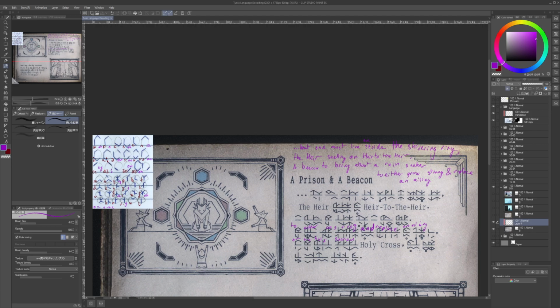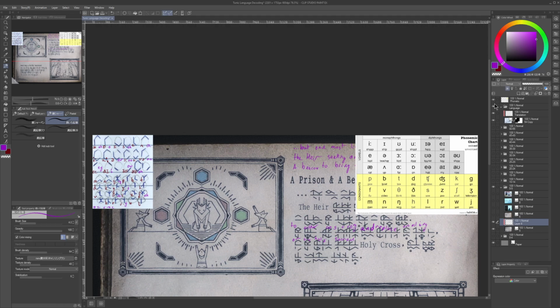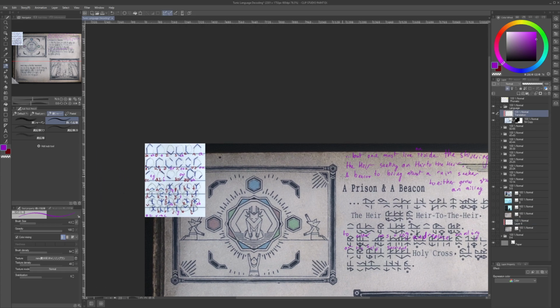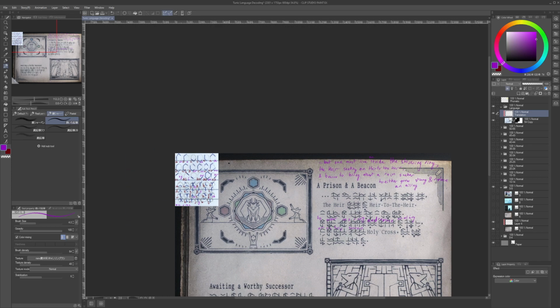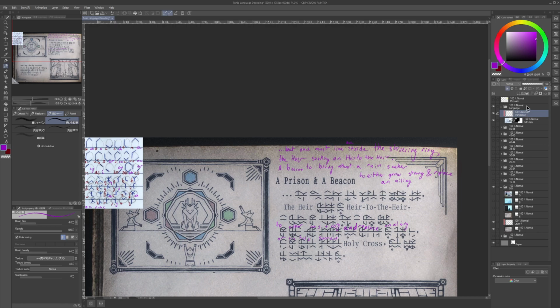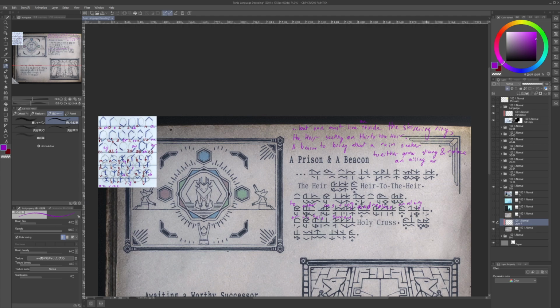I'm losing my mind. To replace an ailing. What vowel sound have we not got by itself? Ear. Air. Oh, is that air? We don't have air. Okay. To replace an ailing air. Or to hold a sacred holy cross.